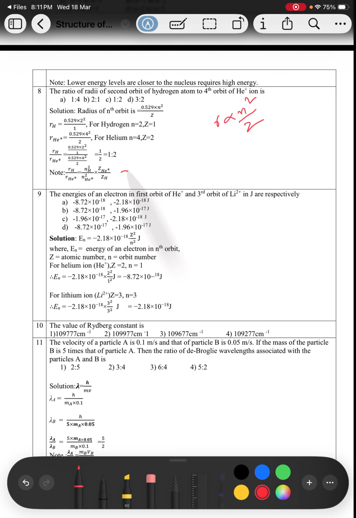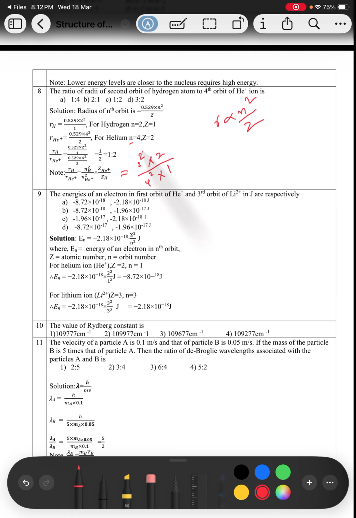By substituting the values, hydrogen orbit number is 2 square, into atomic number of helium is 2, by orbit number of helium, which is given as 4, so 4 square, into atomic number of hydrogen is 1.